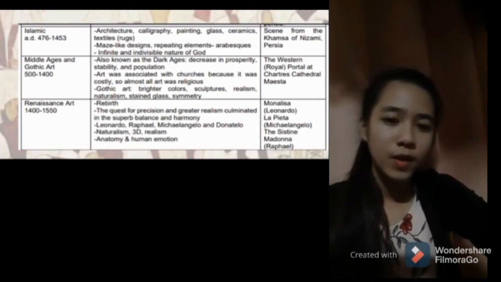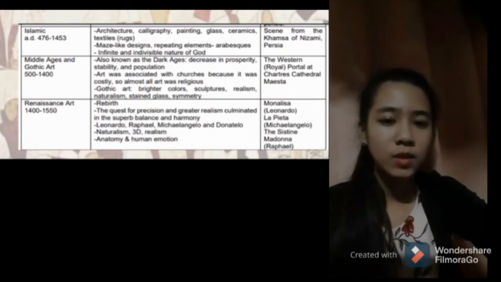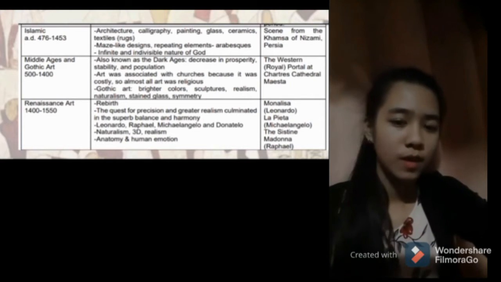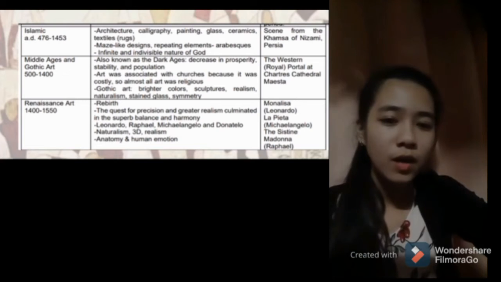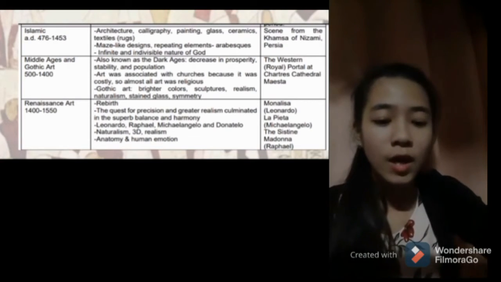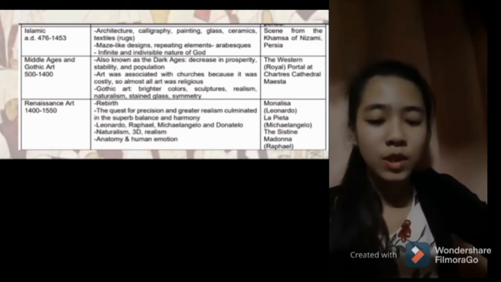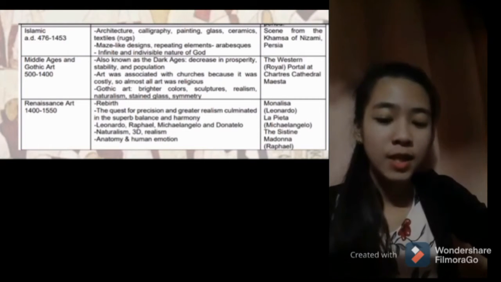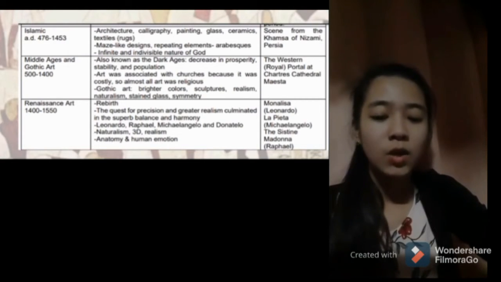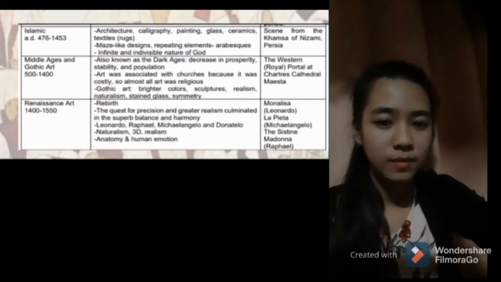Hi, I'm Leisel Salas. I'm going to discuss the Islamic, Middle Age, and Gothic art, and Renaissance art. Let me discuss Islamic art. Islamic art is often characterized by recurrent motifs, such as the use of geometric, floral, or vegetal designs in a repetition known as the arabesque.